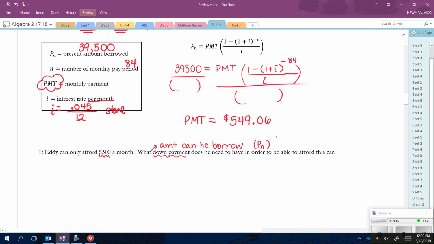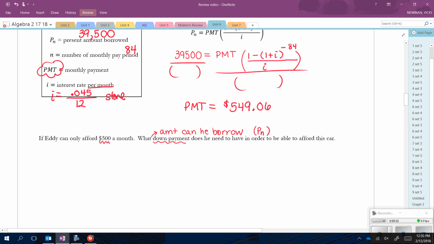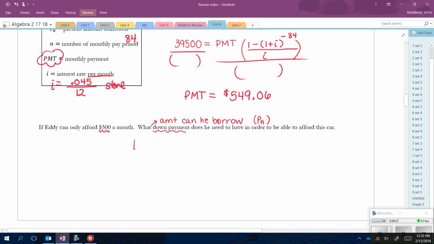So, if I want to buy a $60,000 car and I only want to pay $400 a month, I better have like a $30,000 down payment. So we're going to try to figure this out. So how much can he borrow if he does a payment of $500 with the same percentage rate, the same amount of months.